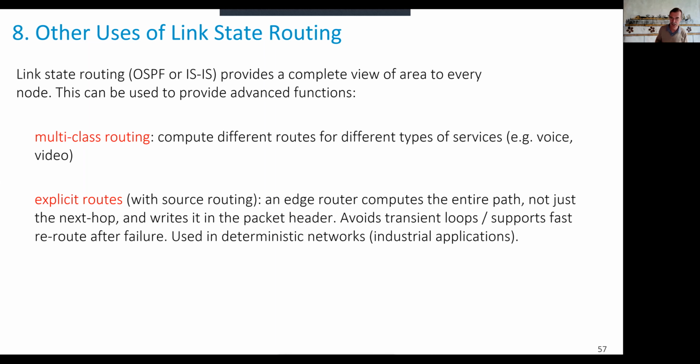We want to do guaranteed quality of service, for example, to make sure that critical messages are always received within 2 or 3 milliseconds. So if you do that type of computation, you need to pin the routes, make sure they don't get recomputed whenever something changes. They will be recomputed by the edge routers, and of course, if there is any change in the topology, the edge router will compute new routes.